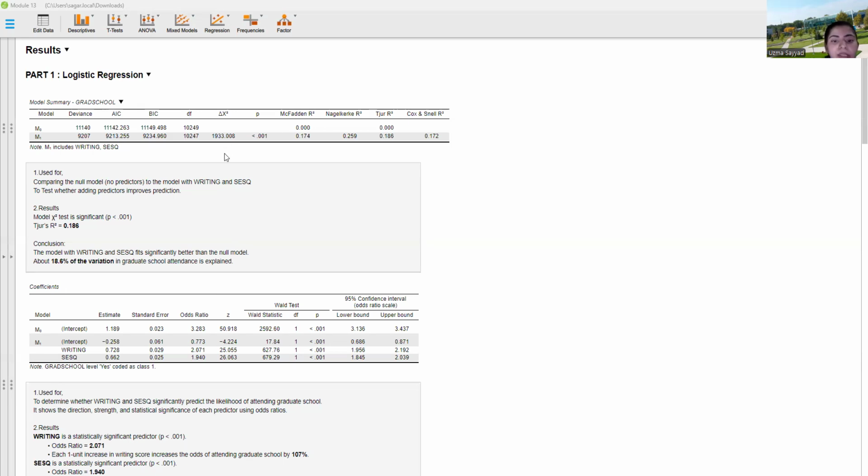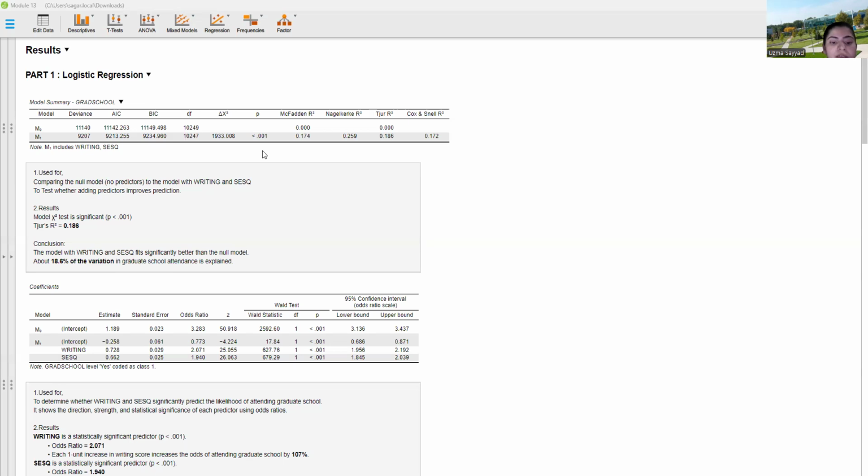This table compares the null model with the model that includes writing and SESQ. The model is statistically significant with a p-value less than 0.001, indicating that adding writing and SESQ significantly improves prediction of graduate school attendance.